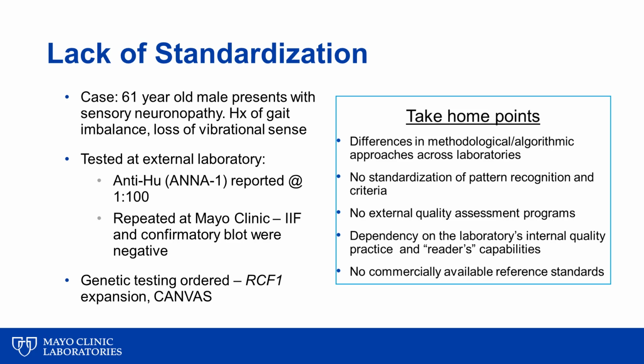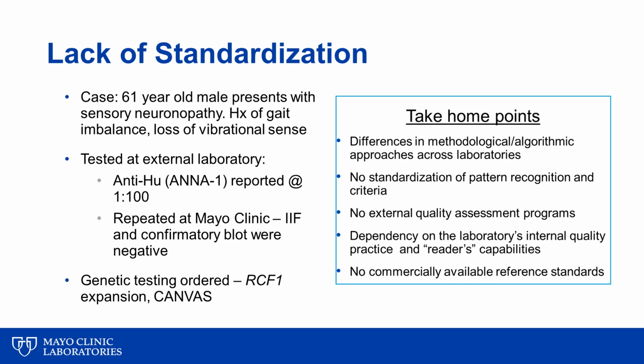Initially, the patient was seen at their local hospital where paraneoplastic evaluation was ordered at a commercial reference laboratory. The laboratory reported the presence of anti-Hu antibodies, also known as ANNA-1 antibodies, at a relatively low titer. The methodology used was not provided to the ordering clinician.